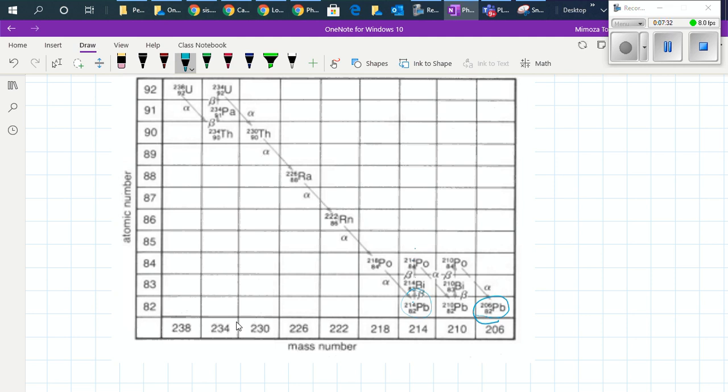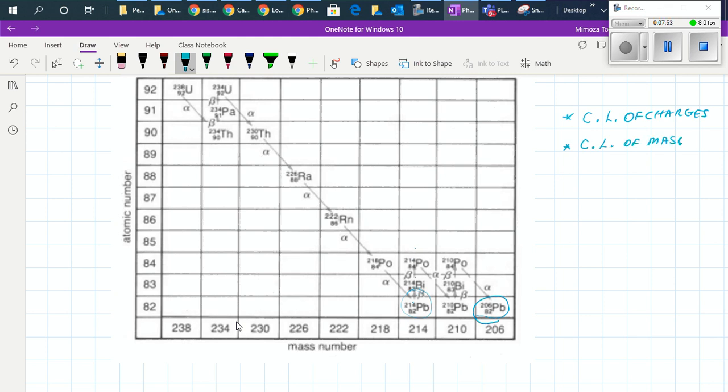206. All of those transformations are made keeping in mind the conservation law of charges, which we talked about in previous lessons, and the conservation law of masses.